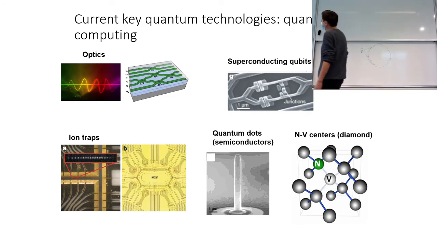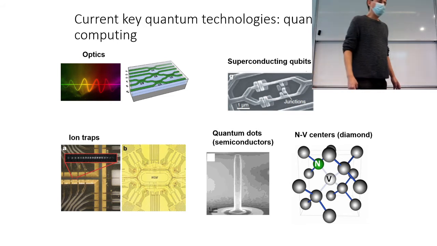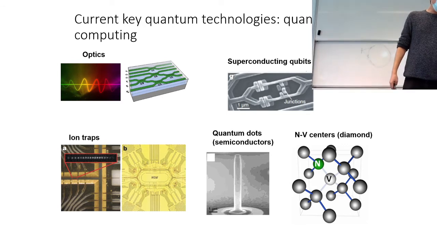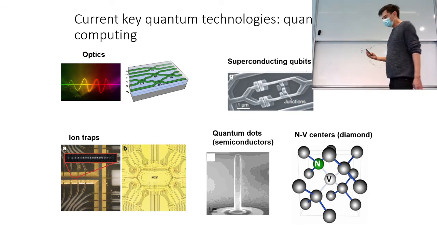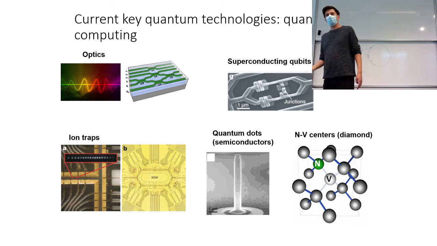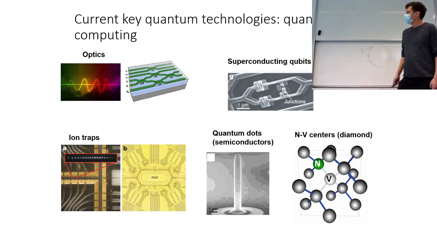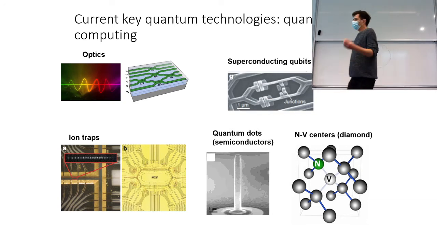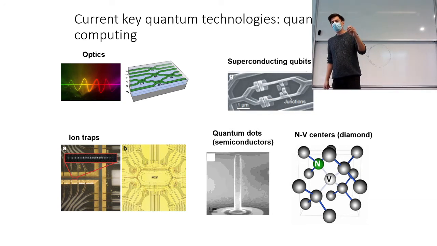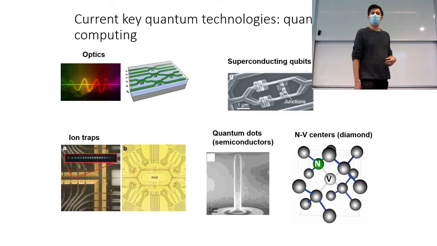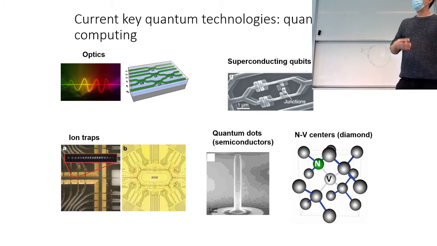I guess starting from the top there. Maybe one of the earliest types of systems where you see these types of quantum behavior is quantum optics. That means basically you use light, like here from my laser, and you use optical circuits in order to create your quantum computer.